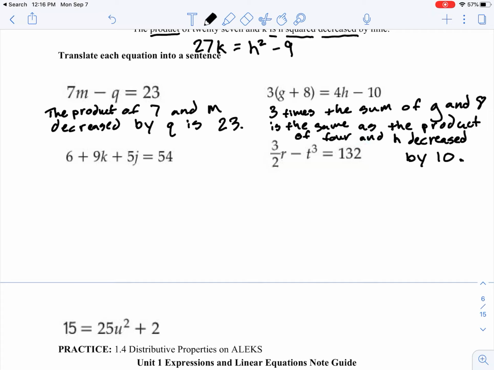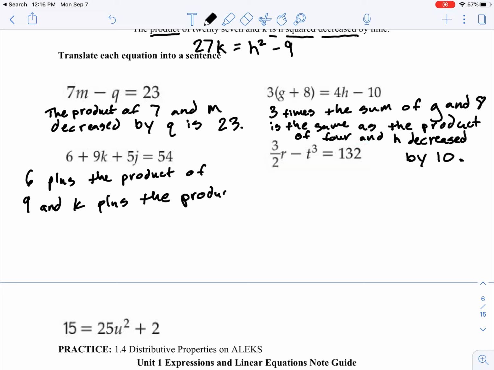I might actually switch it just to be consistent, but 6 plus the product of 9 and k plus the product of 5 and j is 54. Okay, that's pretty simple.